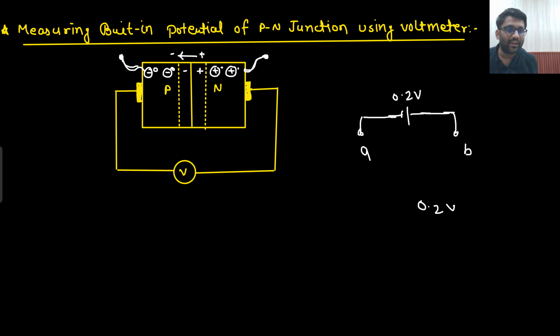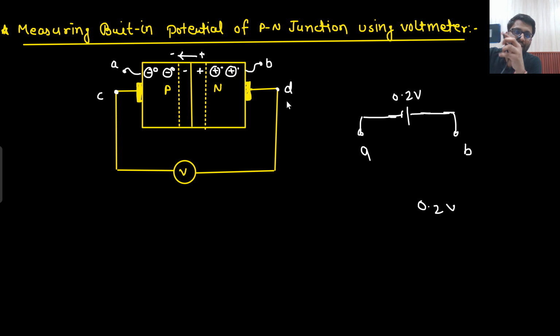So effectively what you wanted to calculate was the built-in potential between these two points, where let's say this node was A and this node was B. But actually what you are calculating is the built-in potential between C and D. Is that clear to you? This was my PN junction. I connected the metallic contact here.